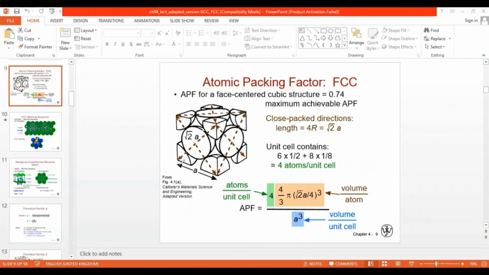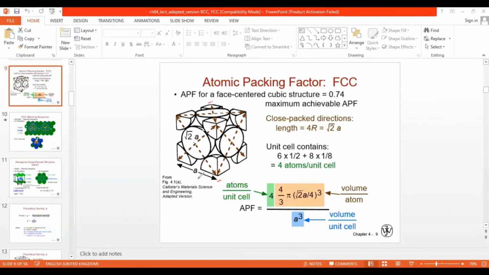As usual, we will take an edge as A. Since these atoms are touching along face diagonals, we need this length. If you remember, in the body-centered structure we took the length from this corner to this corner because it is connected through the body. Here each atom is in contact by the diagonal of the face.